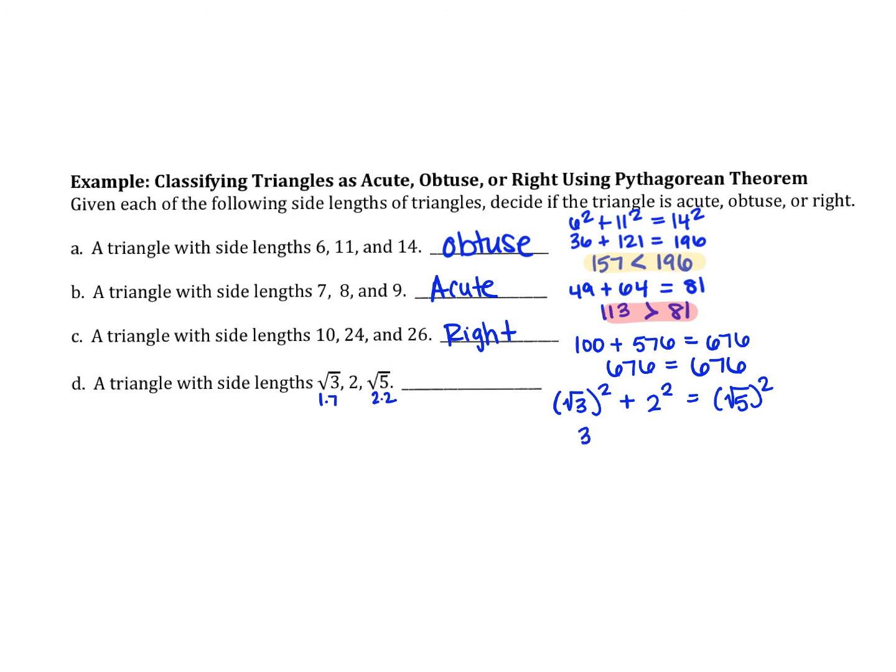So this would be 3, and then 2 squared is 4, so 3 plus 4. And then 5 squared is just 5, so 3 plus 4 is 7, and 7 is greater than 5. So when we have greater than, we have an acute triangle.